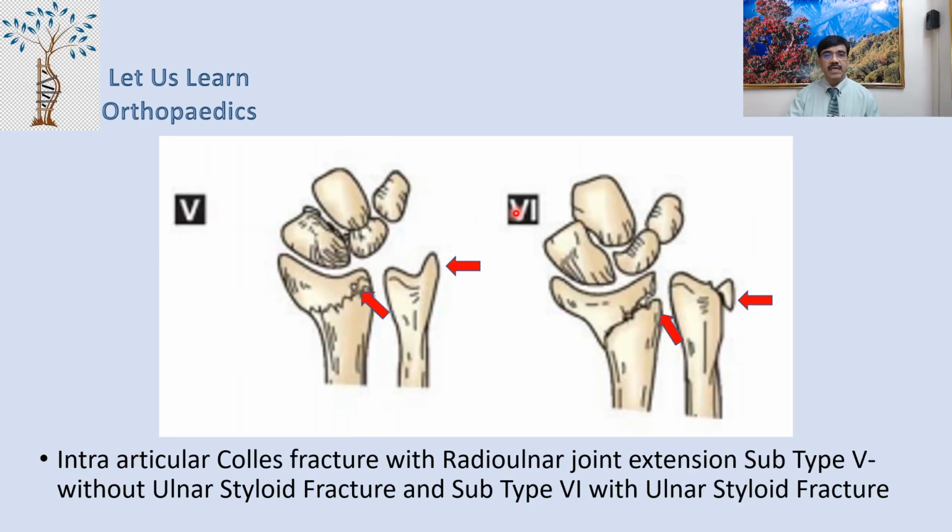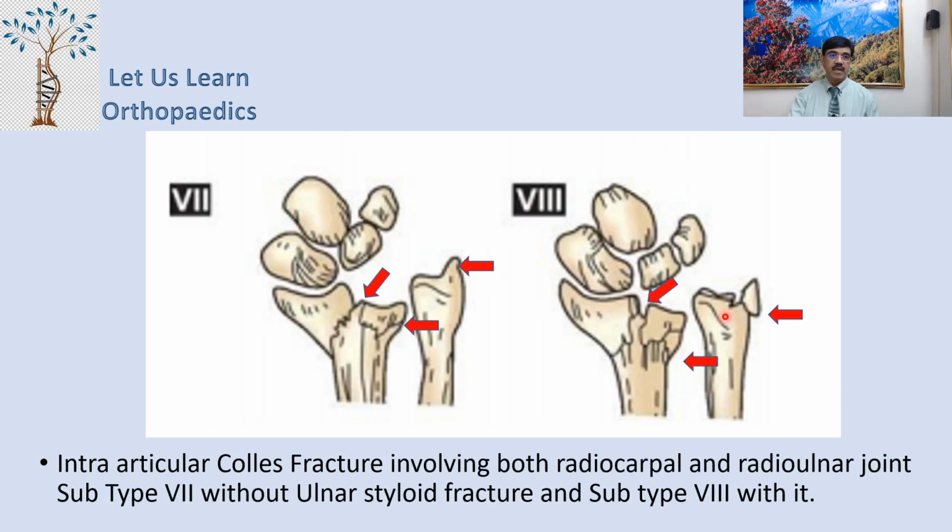Similarly, type 5 and type 6 are the intra-articular Colles fractures with extension into the radioulnar joint. Type 5 is without ulnar styloid fracture, type 6 with ulnar styloid fracture. And finally, the intra-articular Colles fracture having extension both into the radiocarpal joint as well as the radioulnar joint: type 7 is with intact ulnar styloid process and type 8 is with fractured ulnar styloid process.